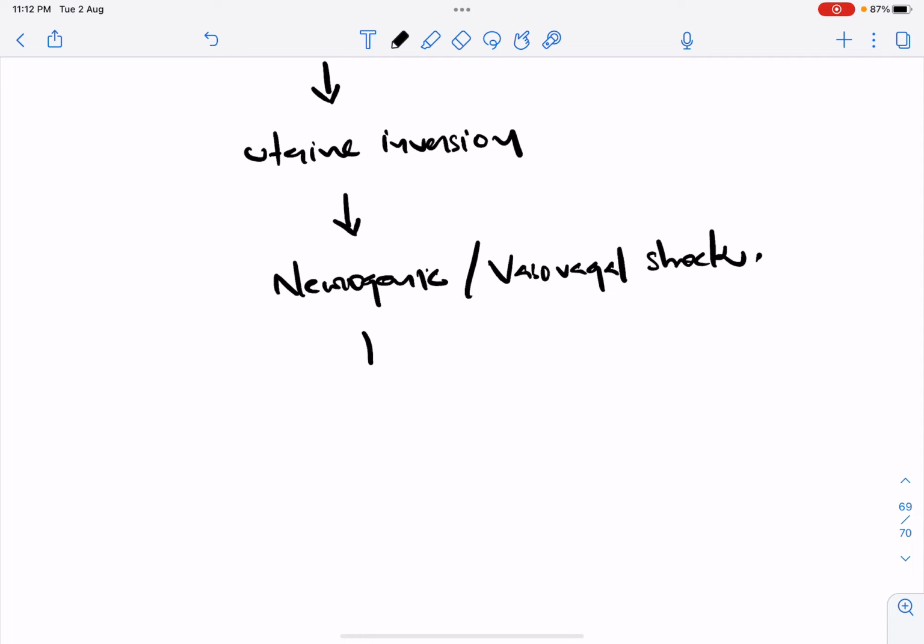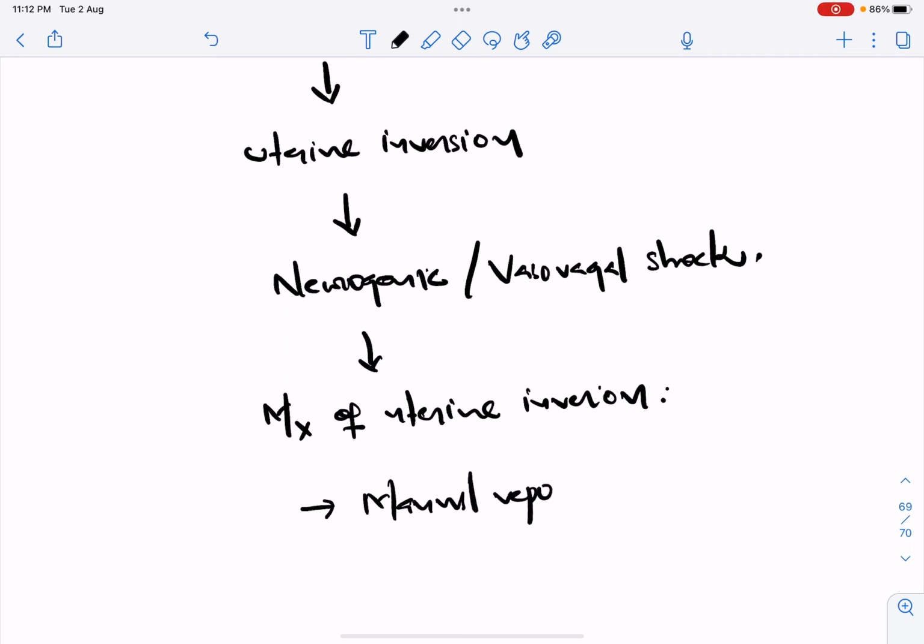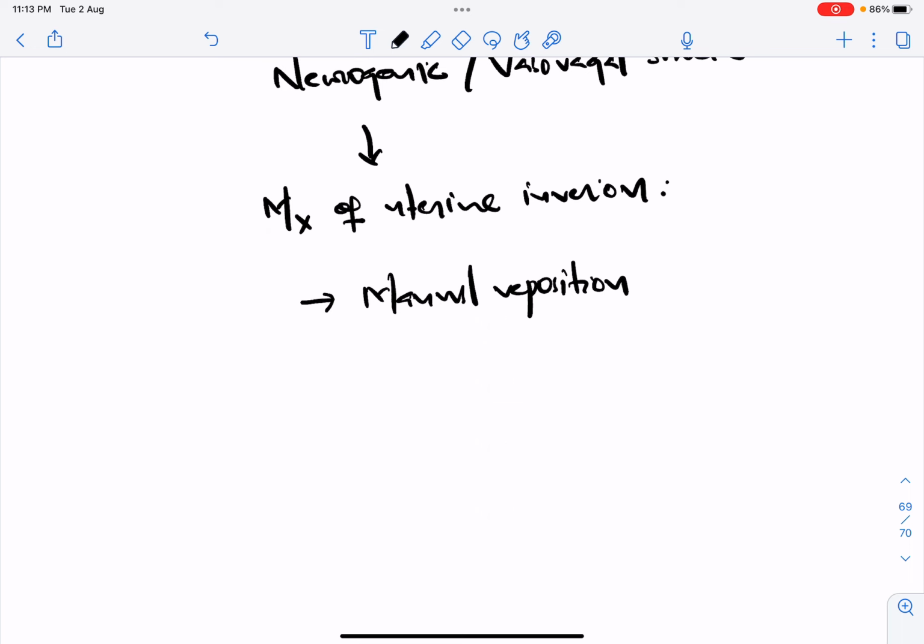The management of uterine inversion includes manual reposition. During manual reposition, the part which came out first is replaced last. The other method is the hydrostatic method of reposition. So this is how you manage a case of uterine inversion.